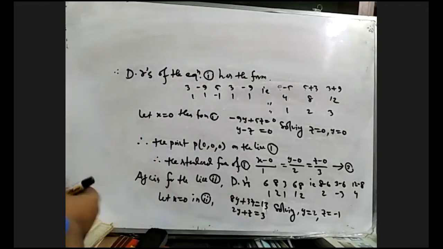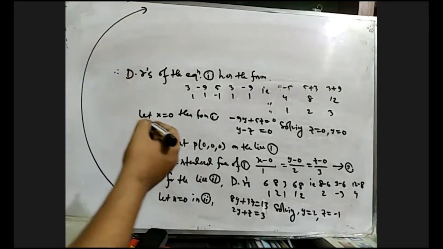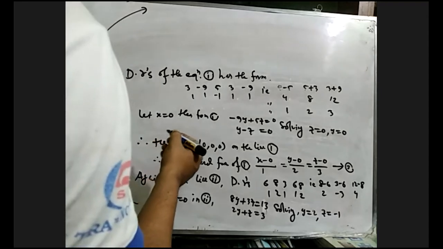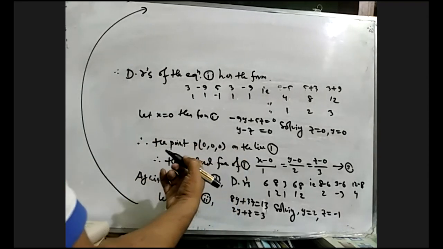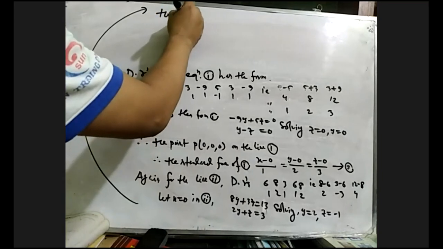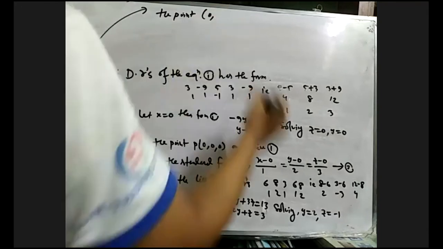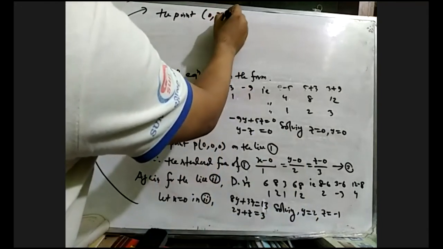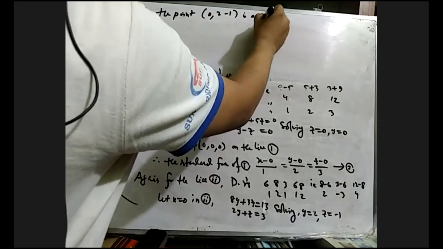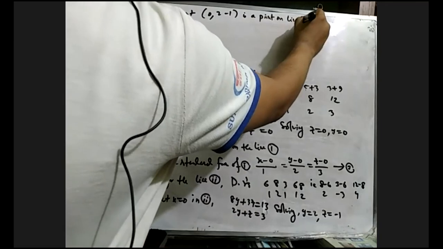So after this, we get the standard form: the point (0, 2, -1) is a point on line 2.